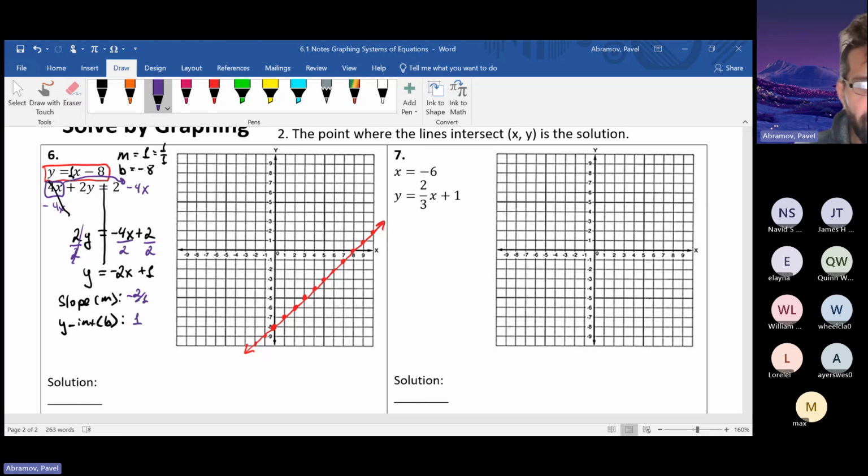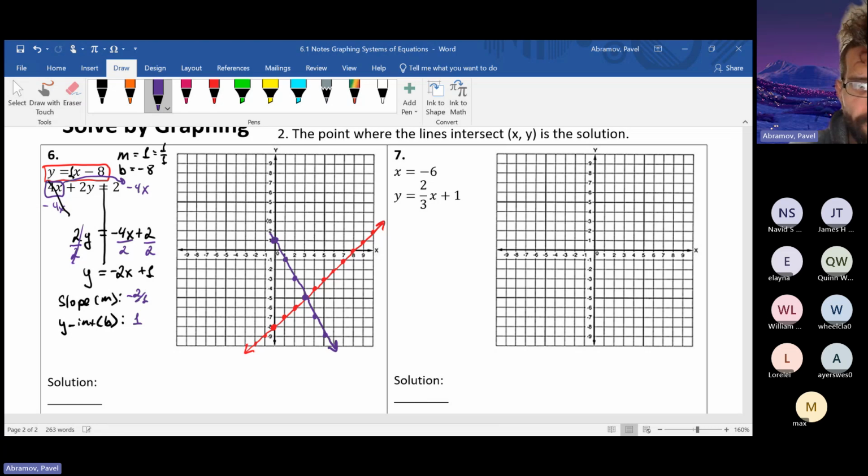We're going to draw this line in purple. So starting at 1, we're going down 2, 1 to the right, down 2, 1 to the right, and so on. And once again, notice that if we put all the points down, we can draw a very accurate line, and we can very accurately see where the lines intersect.